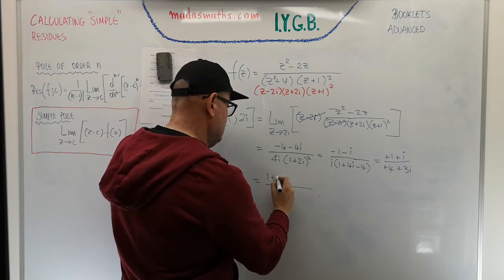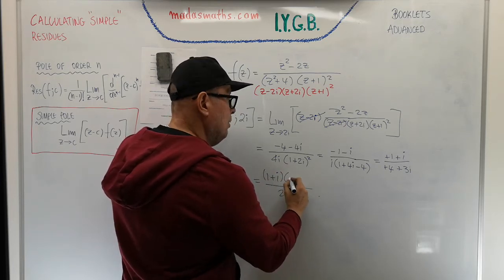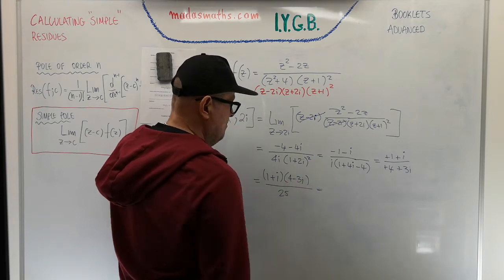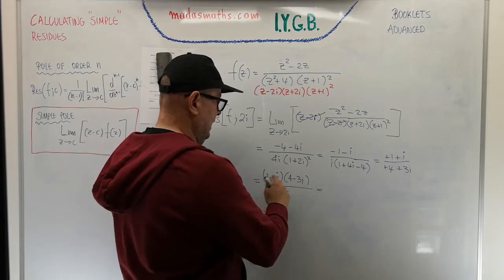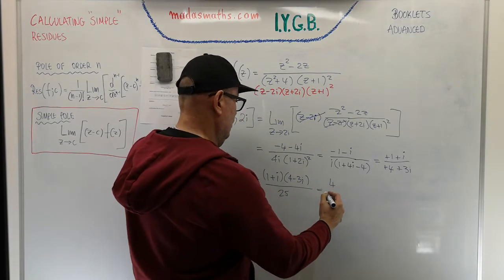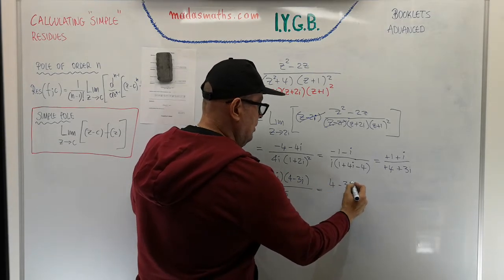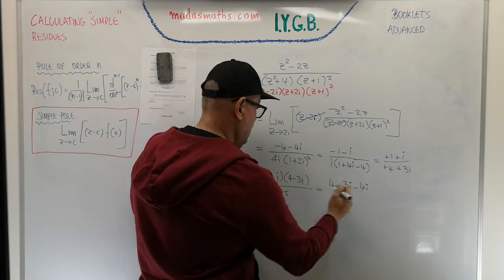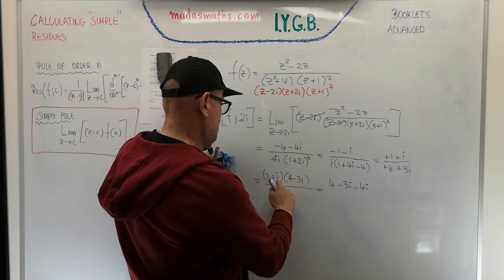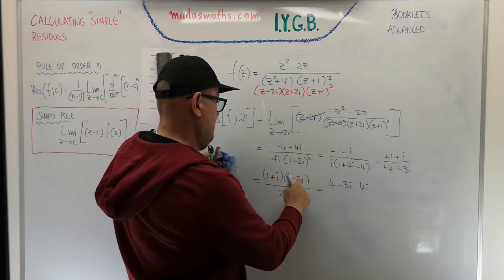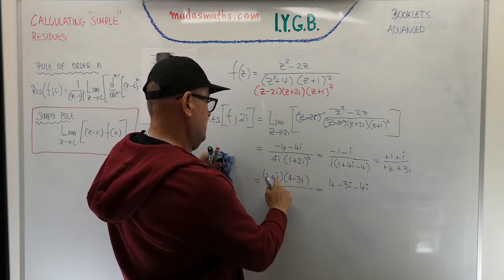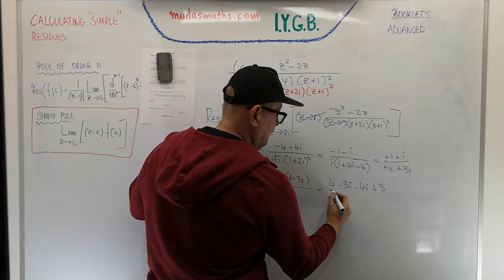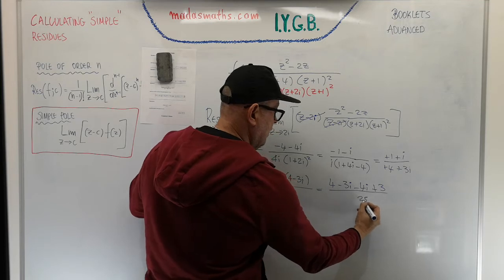And I've got (1 plus i) multiplying (4 minus 3i). Very annoyingly long and tedious, really. 4 minus 3i minus 4i, and then I've got i times i, which is plus 3, so plus 3 over 25.